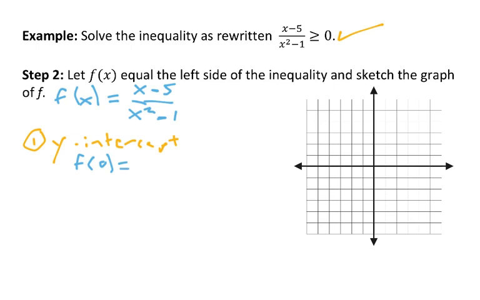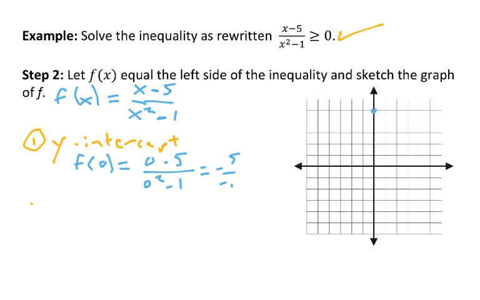In other words, finding f of 0. If you plug in 0 for x, you will get negative 5 over negative 1, and that tells me that the y-intercept is at 5. So that's at least something.